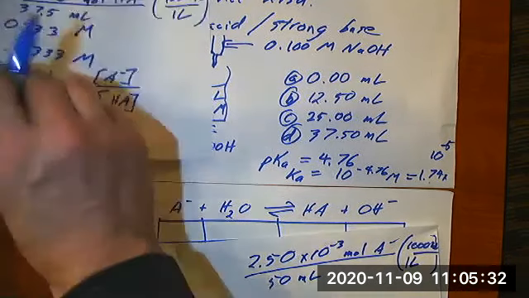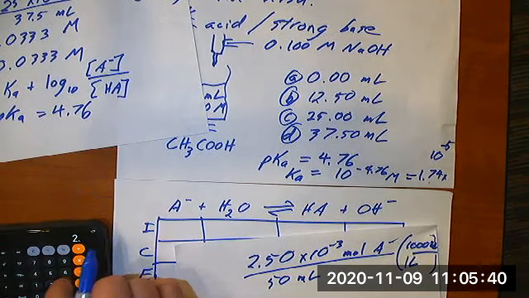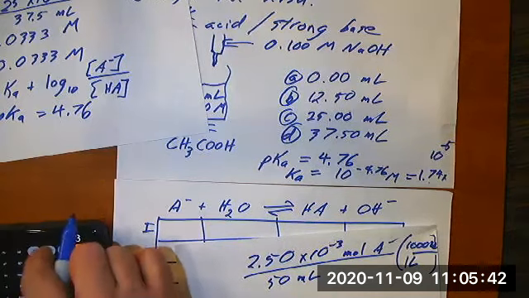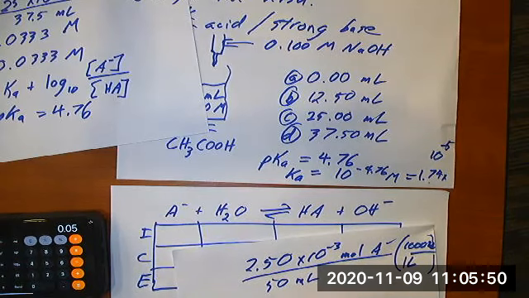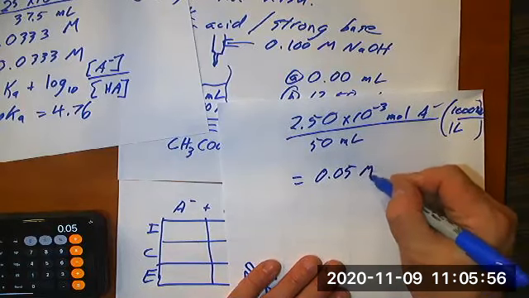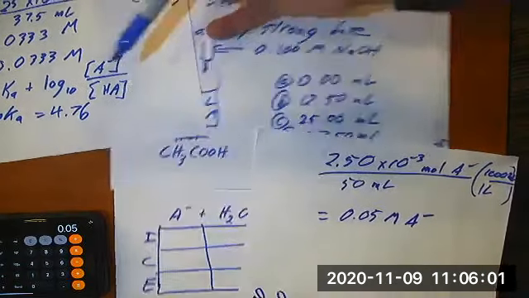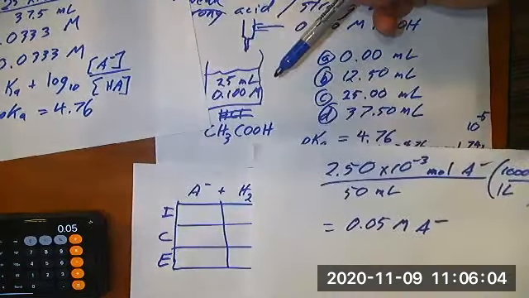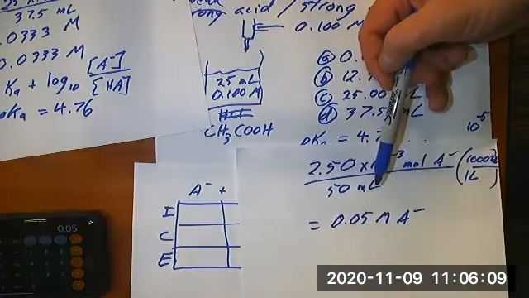And we find our initial concentration of A minus is 2.5 times 10 to the negative 3 divided by 50 times 1,000, which gives us 0.05 molar A minus. And if we stop to think about it, that's how much acid we started with in twice the volume. So it makes sense that we would end up with half the initial concentration.